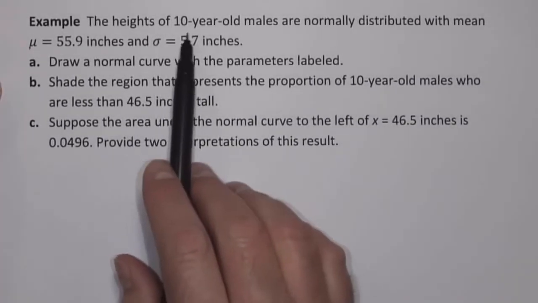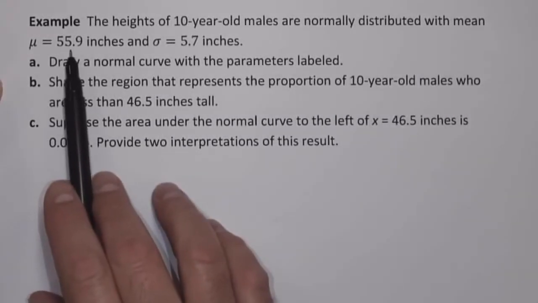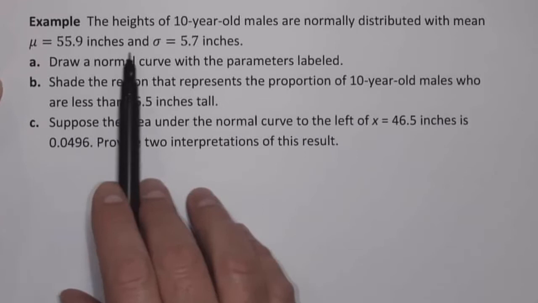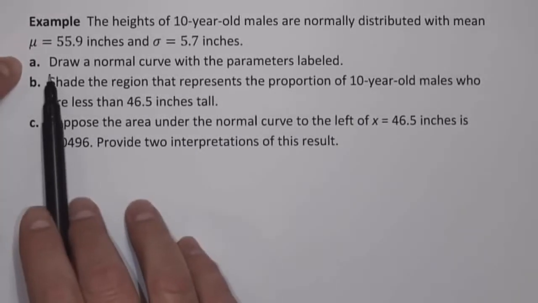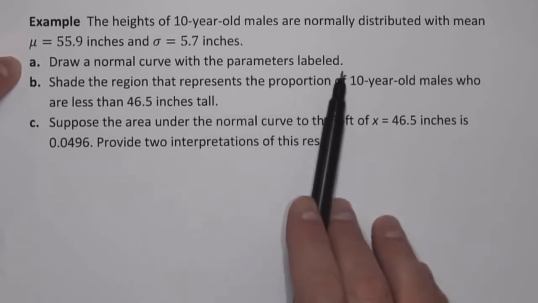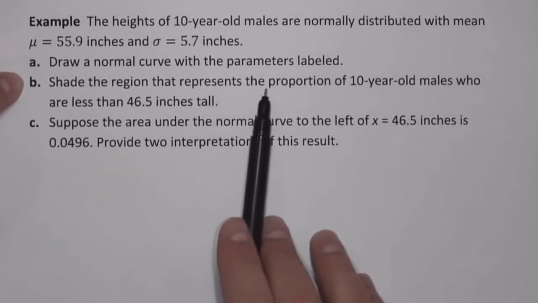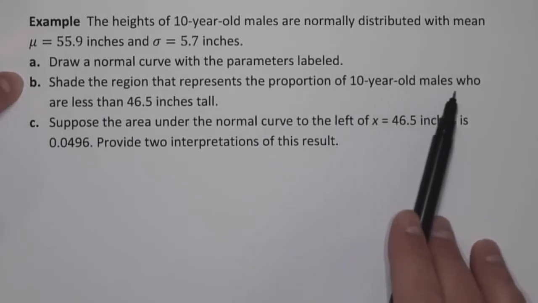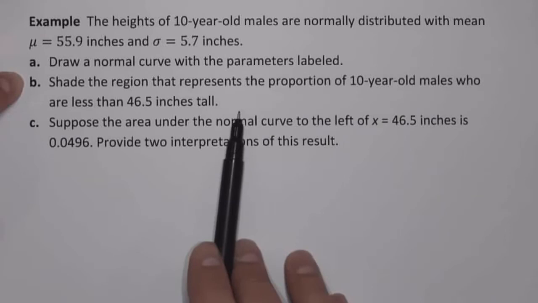The heights of 10-year-old males are normally distributed with a mean of 55.9 inches and a standard deviation of 5.7 inches. A, we're supposed to draw a normal curve with the parameters labeled. B, we're supposed to shade the region that represents the proportion of 10-year-old males who are less than 46.5 inches tall.